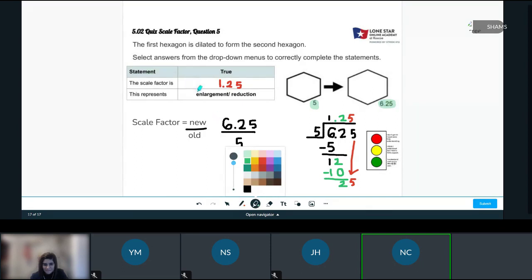Because it's bigger than 1. Yeah, and you see it is just a little bit bigger than 1. So it is still enlargement. I accidentally put 1.23. I saw there was a typo, 1.25.